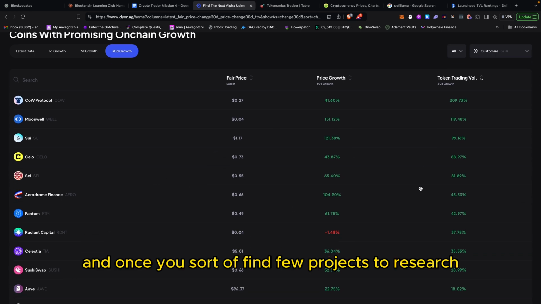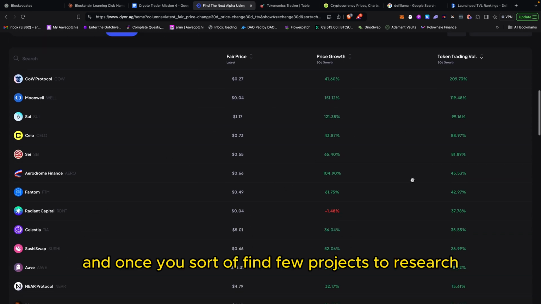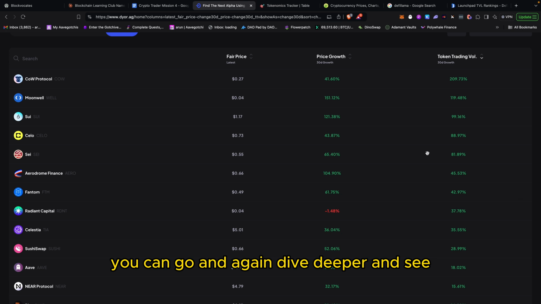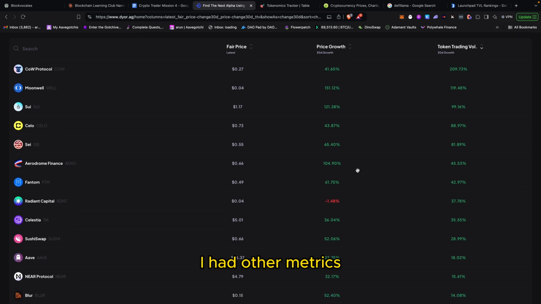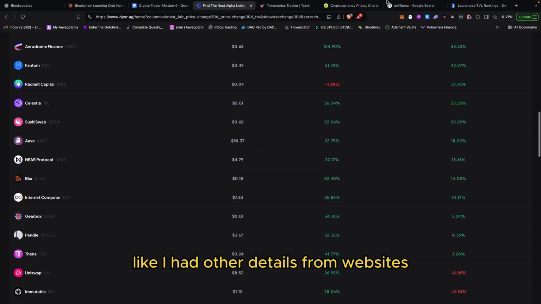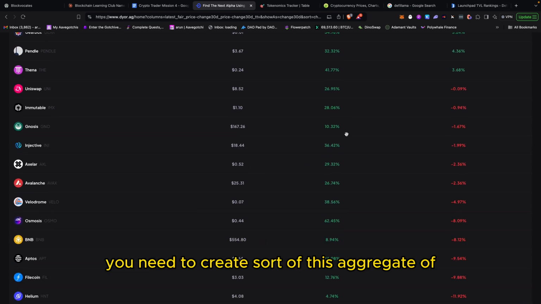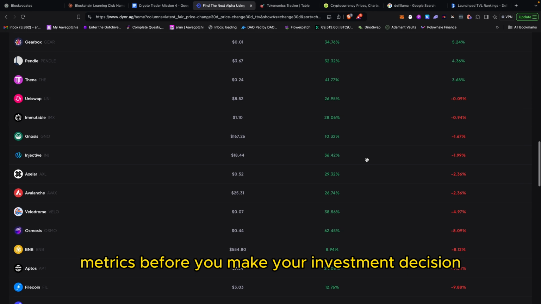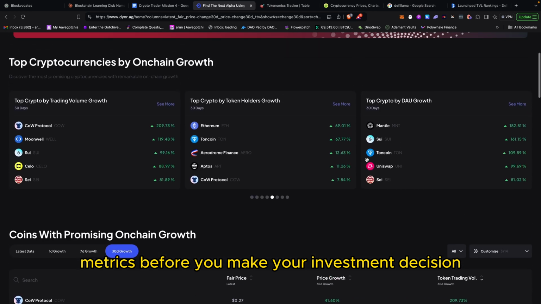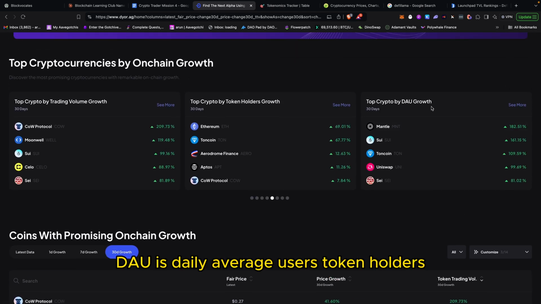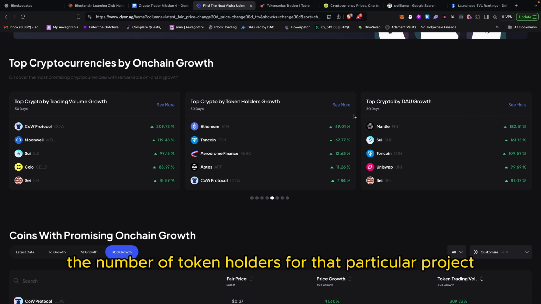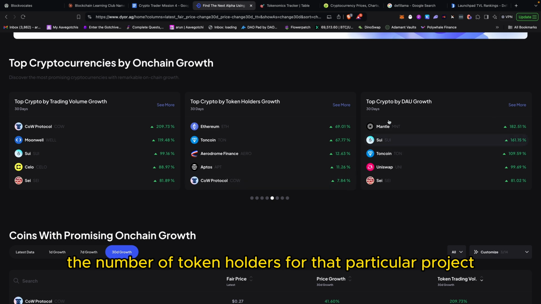And once you find a few projects to research, you can dive deeper and add other metrics, right? Add other details from websites like DeFi Llama. You need to create an aggregate of metrics before you make your investment decision. DAU is the daily average users. Token holders is the number of token holders for that particular project, right?